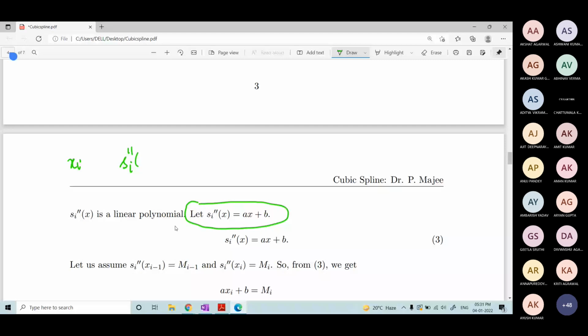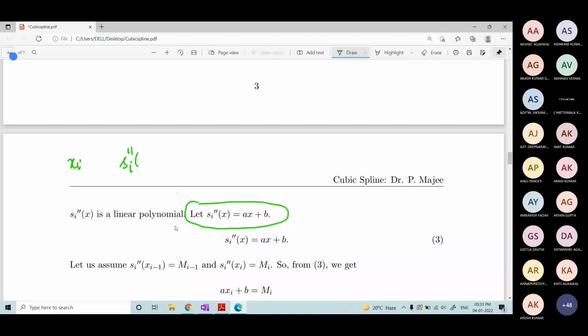So initially you had to solve 4n equations with 4n unknowns for n plus 1 data. Is it not? I mentioned it somewhere. Yes, you see, for 100 data points, you will have to solve 396 equations with 396 unknowns.